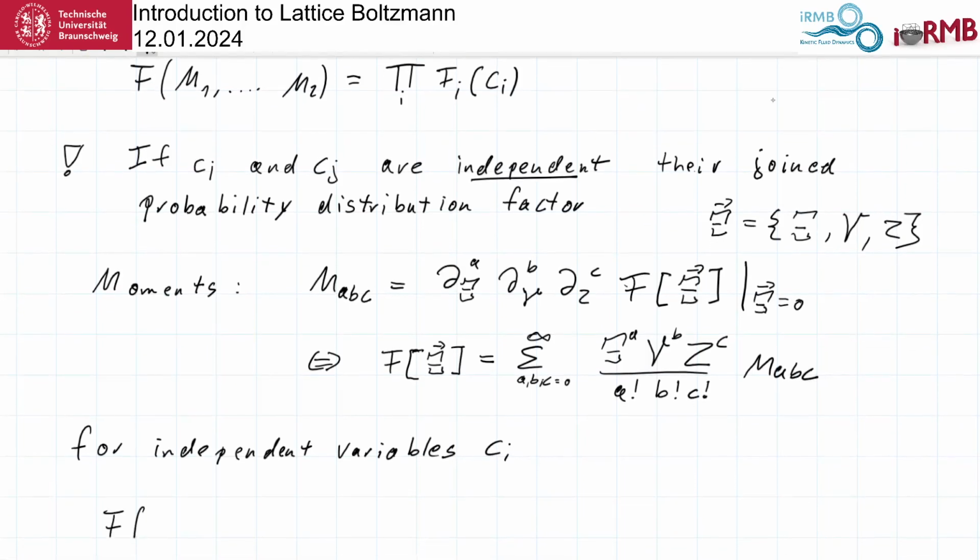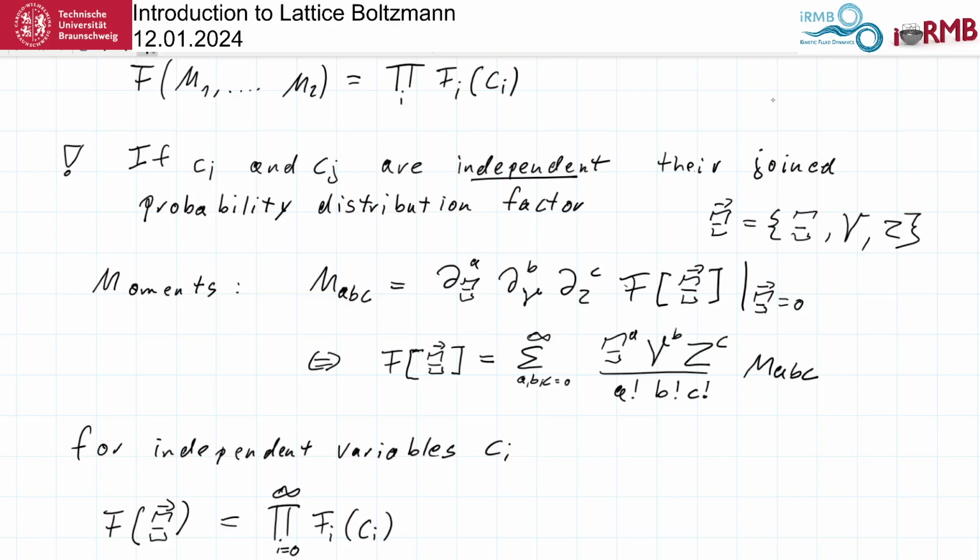There, f of Xi must be a product from i equal to 0 to infinity of f_i of Ci. So we have to be able to write this as a product.